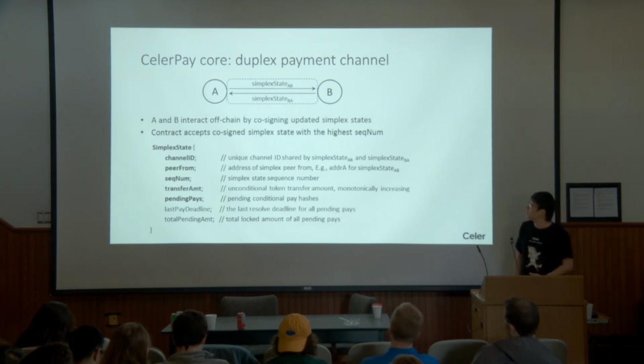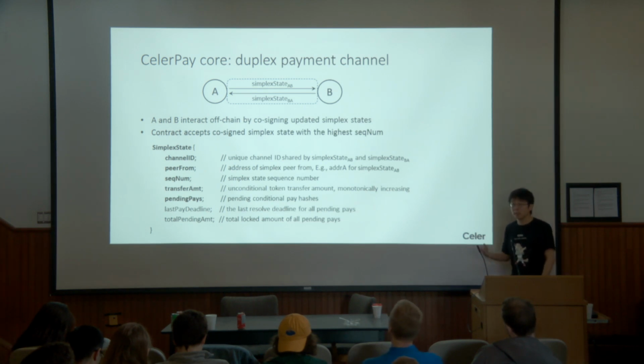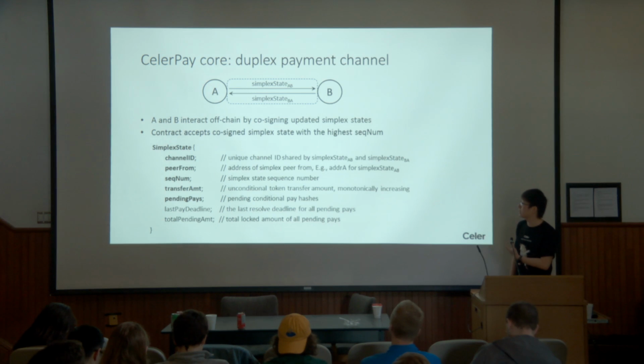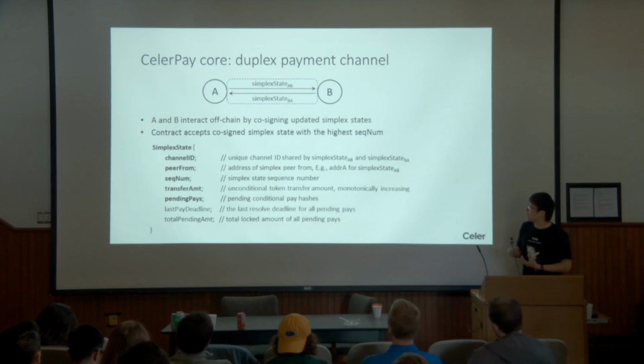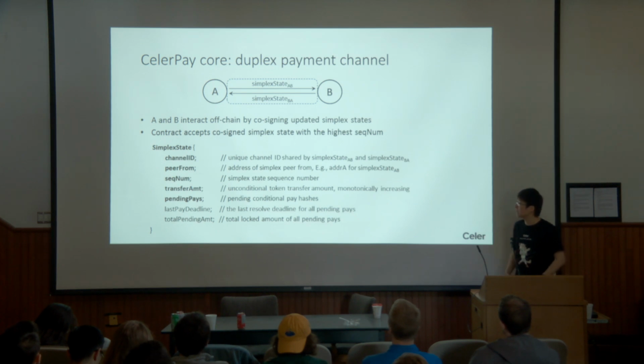Our simplex state includes fields like a channel ID, the peer from address, the sequence number, the unconditional transfer amount, which is always increasing, and the pending pays, which are pays that are not finalized because these payments usually carry conditions and timeouts, for example. So the list of the pending pays and some other helping metadata like last pay deadline and total pending amount.